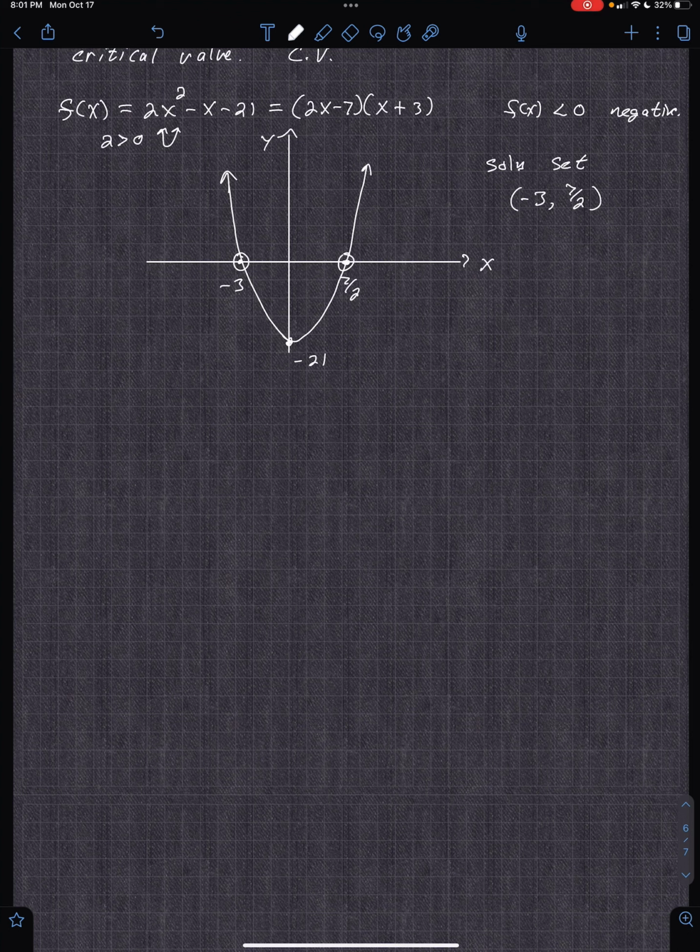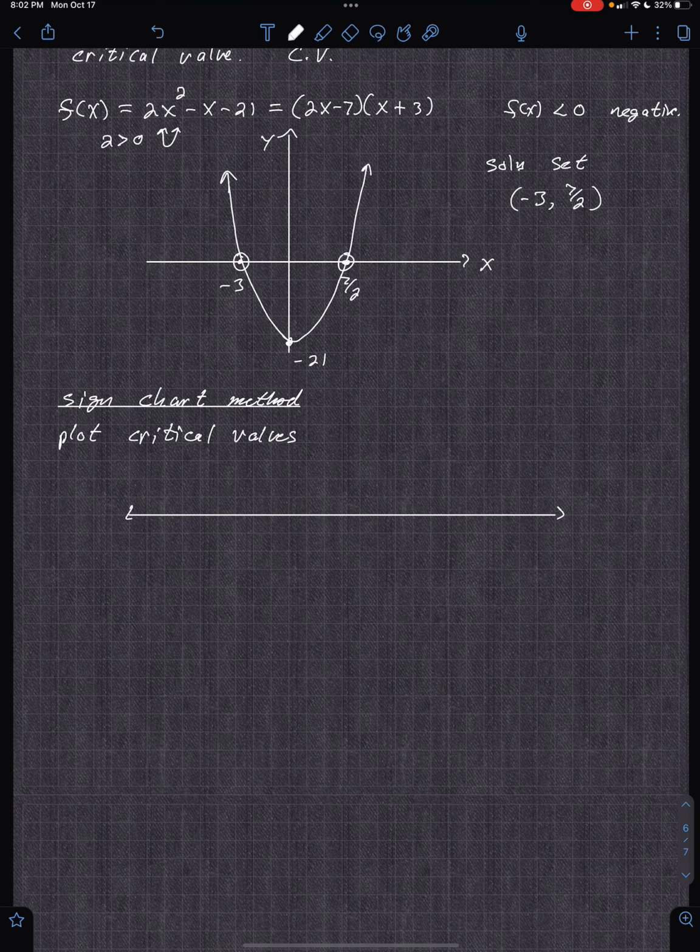I'm going to show you the sign chart method. It looks like this. You first plot critical values on the number line.